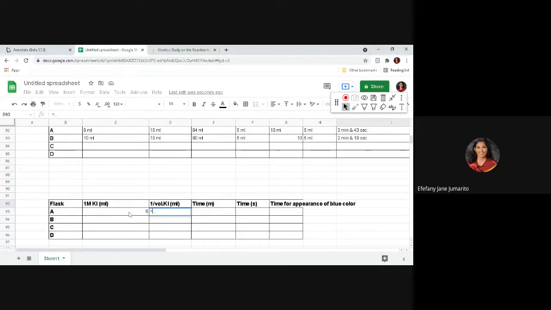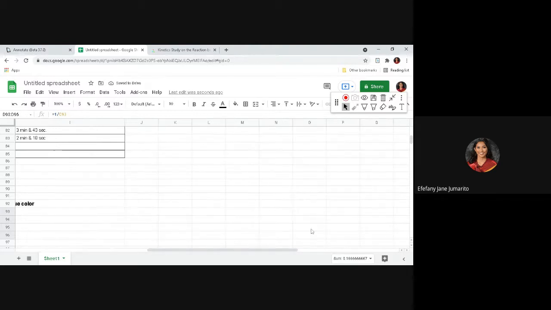You click your cell with 6, because it's divide, so we use the slash on your keyboard. We put 1 over 6. Click that cell, C93. Okay, then enter.